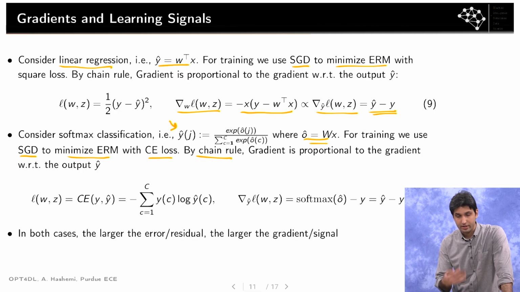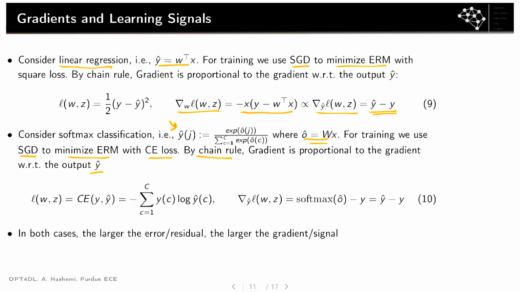Again, by chain rule, the gradient that we use to update the parameter is proportional to the gradient of the loss with respect to the output. It is a very simple calculation, which I'm skipping here, to show that the gradient of the loss with respect to the output is again exactly the difference between our prediction and the true labels. Therefore, in both cases, the larger the error or residual, the larger the gradient, this useful signal that we leverage to update the parameters of our model.